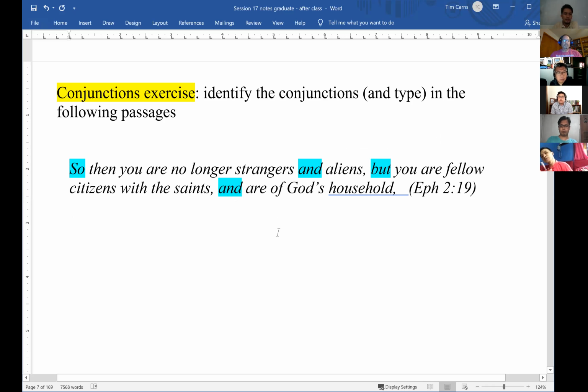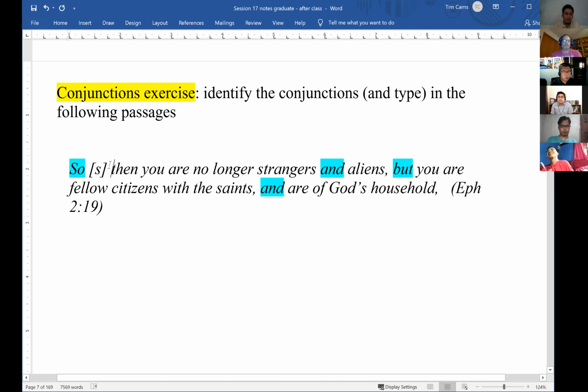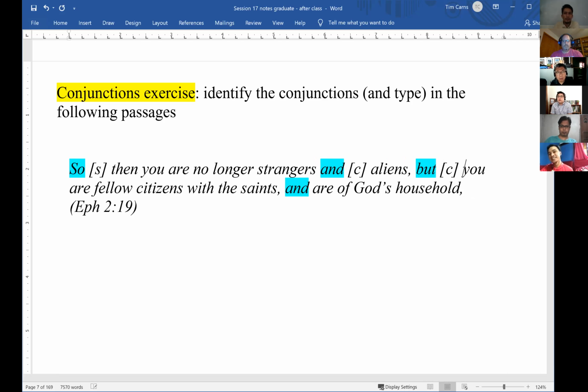The first conjunction is a subordinating conjunction because I think it is related to what was previously said. It gives a reason for what follows, and then the next are coordinating conjunctions. The and aliens is coordinating, but is coordinating, and are of God's household is a coordinating conjunction. Okay, good.